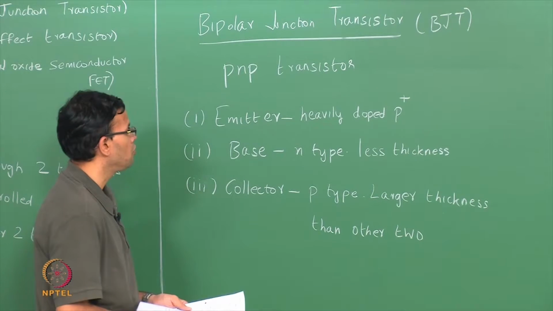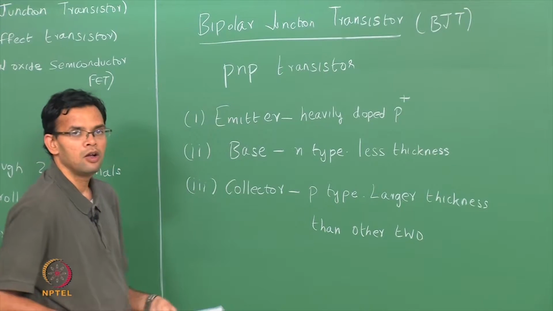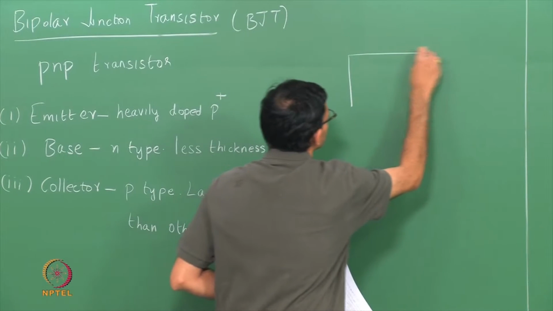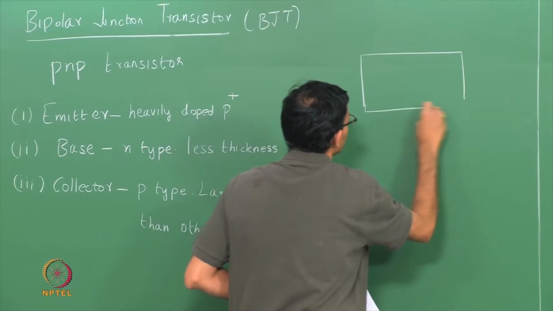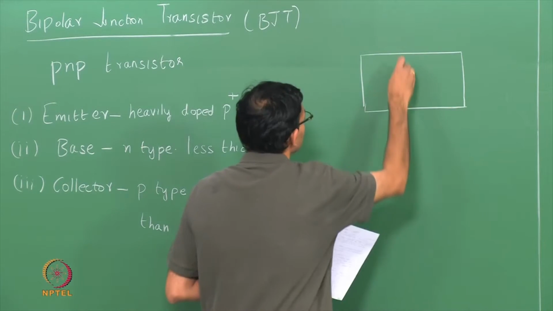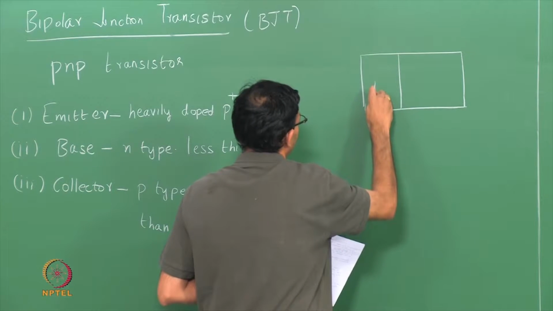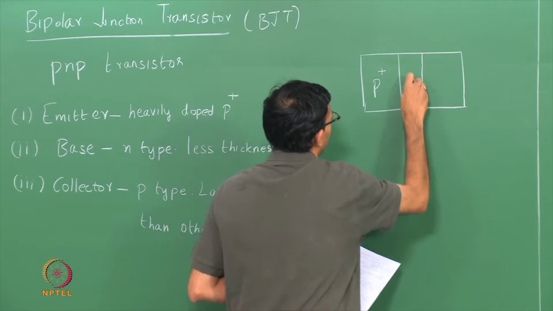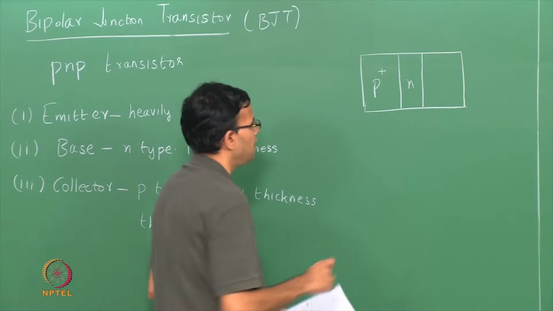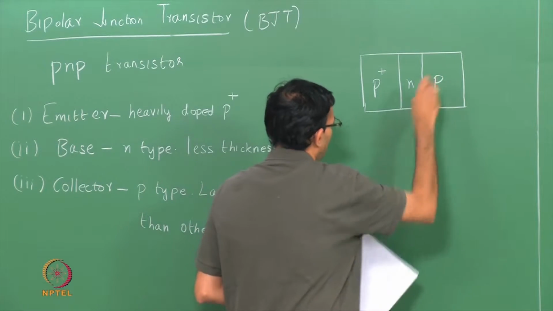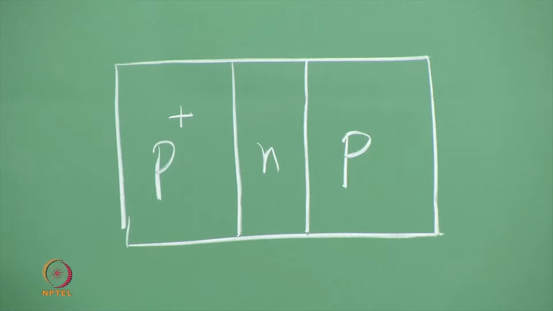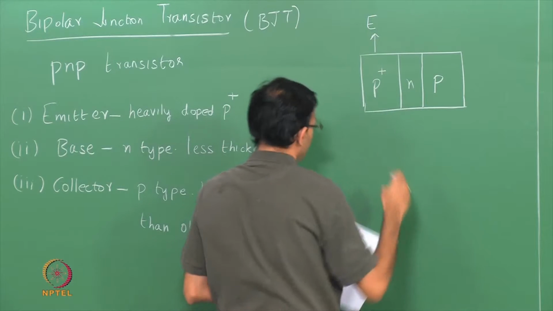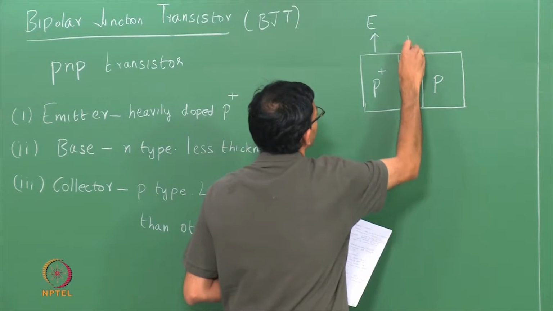If I were to show a schematic of a PNP transistor, I have an emitter region that is P plus, I have a base region that is N, and I have a collector region that is P. I will mark this E to mean the emitter.